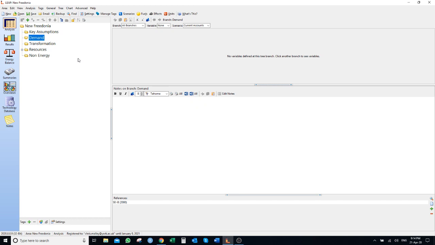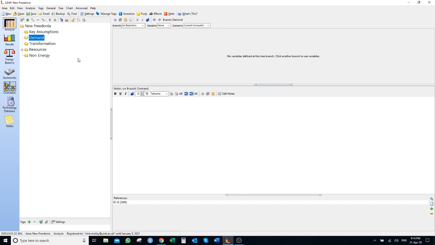So on page 11, it tells us that this preliminary demand analysis considers only the energy used in Freedonia's households. So we're going to be starting by developing a current accounts data set to look at the households in a most recent historical year, in this case 2010.